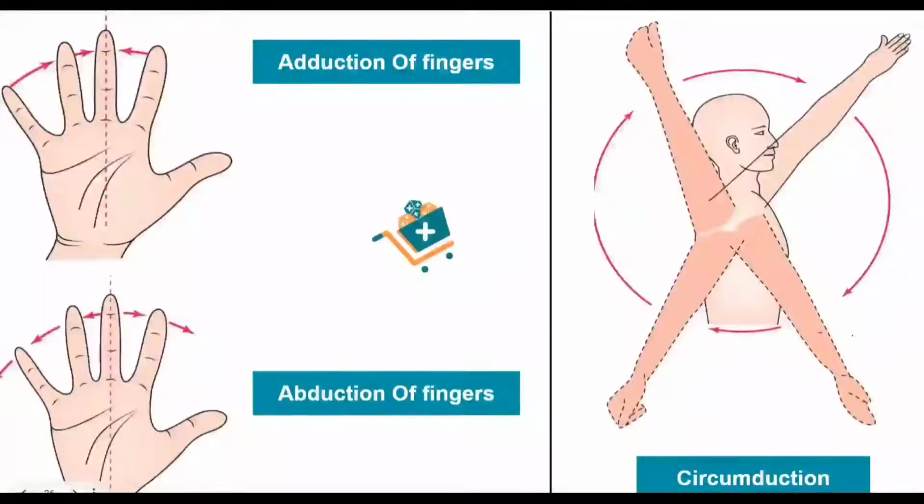See in this figure also, adduction, abduction of the fingers. When the fingers are close together, that is adduction, and when they are far away, that is abduction. Opposition is when you move your thumb in a 360 degree movement. Next slide.